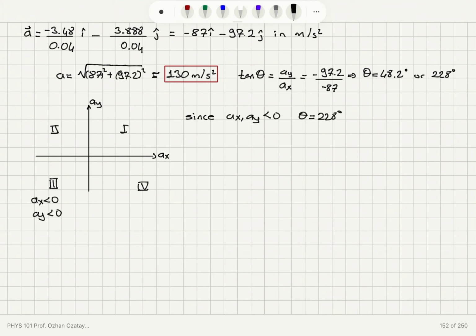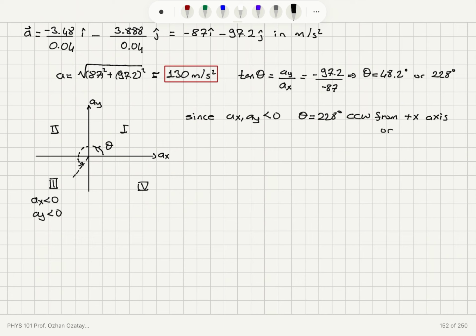So since ax and ay are negative, the answer I should take is theta equal to 228 degrees. So what does that mean? This is the positive direction for theta here, so this angle is somewhere here, 228 degrees, measured counterclockwise from the positive x-axis.